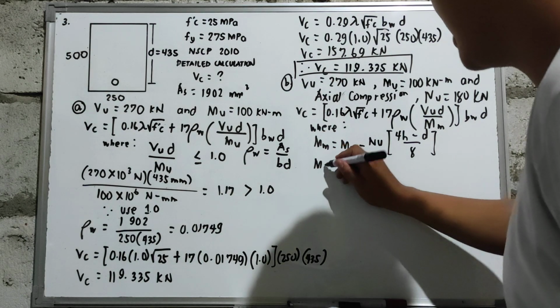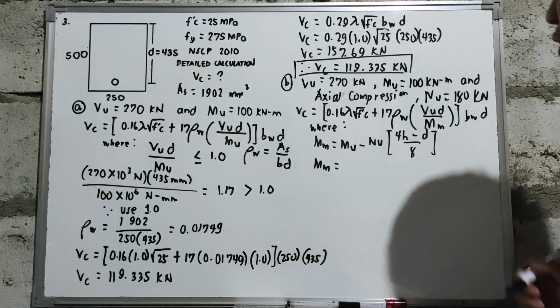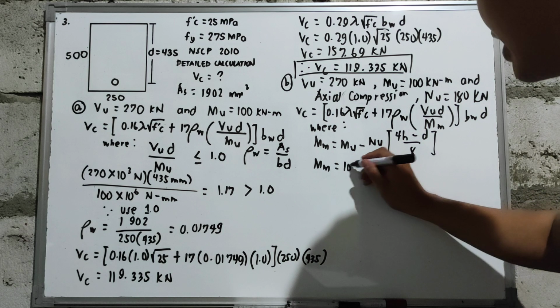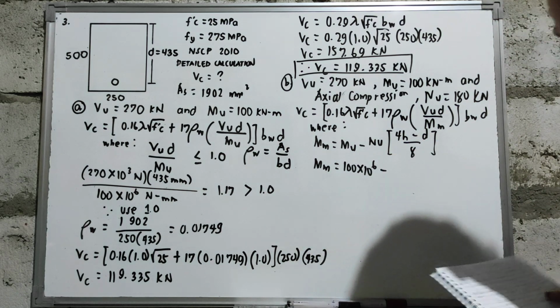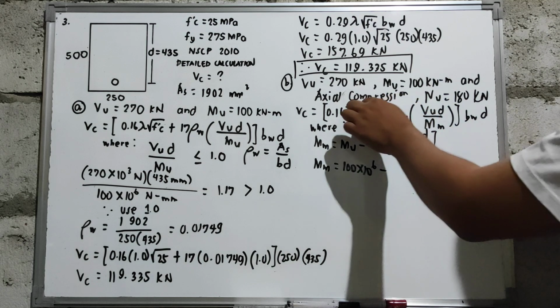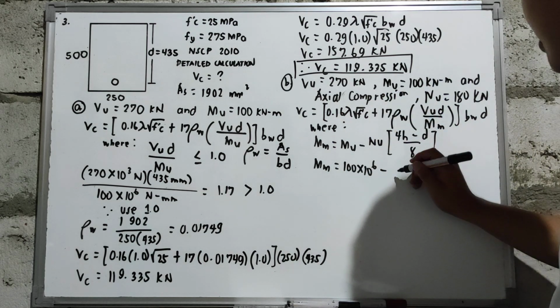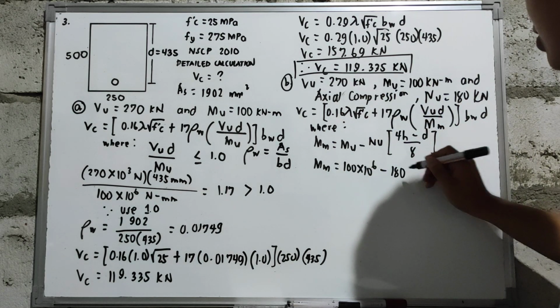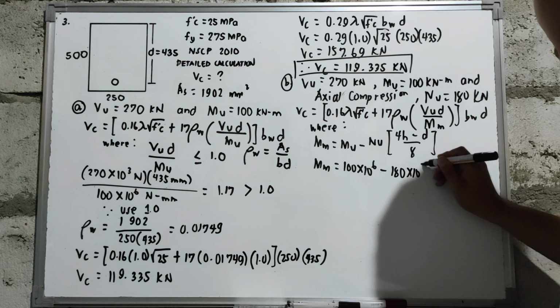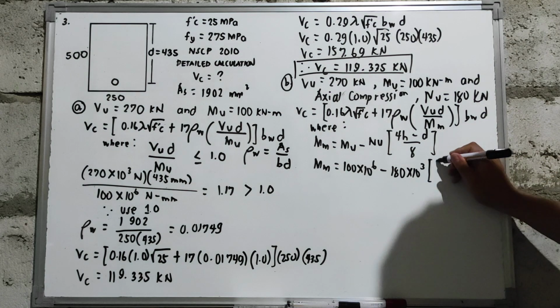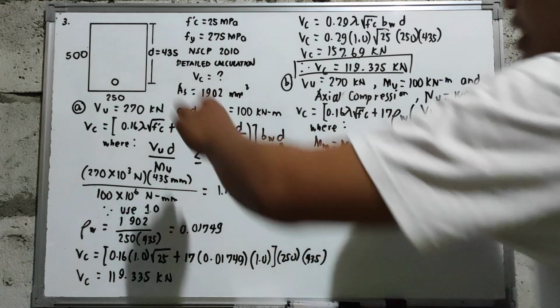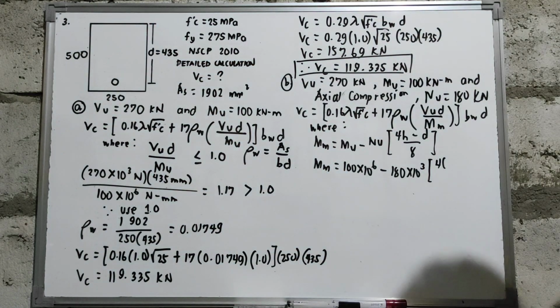So para makuha natin yung modified moment natin, so yung MU natin, that is 100 kilonewton meter, so that is times 10 raised to 6 minus yung axial compression natin, since compression yan, kaya positive yung ilalagay natin. So we have positive 180 times 10 raised to 3 multiplied by 4, yung H natin, that is the total height of your concrete. So in this example, we have a 500 mm concrete beam.